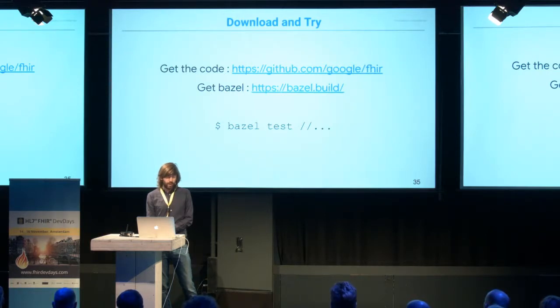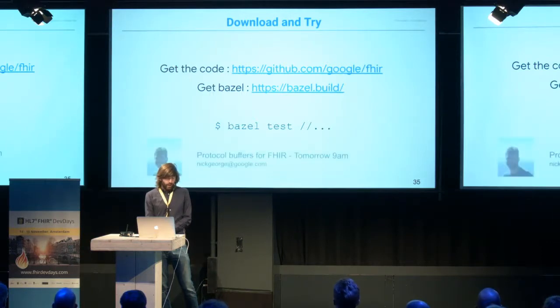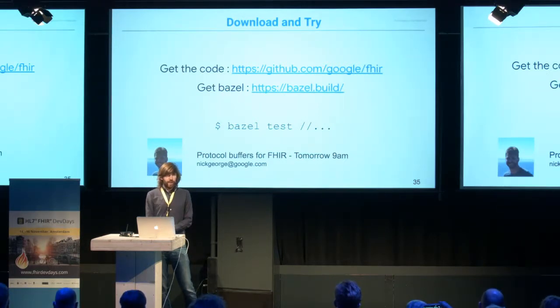I'm going to walk through that a little bit. There's some stuff that's not yet there and will probably come out along with follow-up publications, but there's enough to definitely get started. There's more than the machine learning parts in this repository, and Nick will talk tomorrow about some of the other features, in particular the protobuf implementation of FHIR that we use internally, which is helpful for other things than just machine learning.